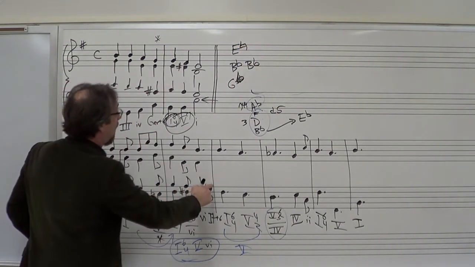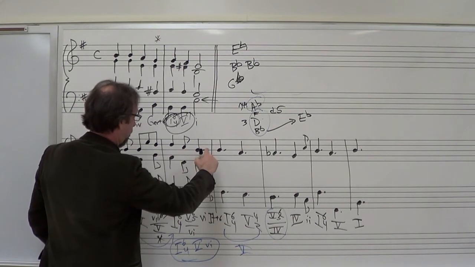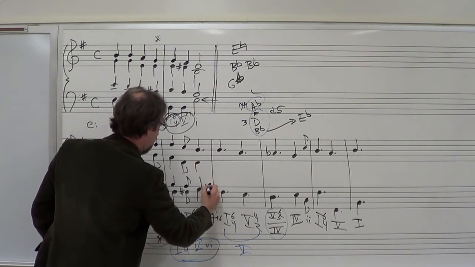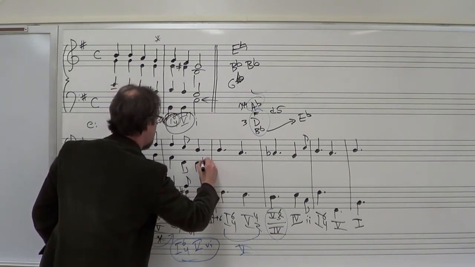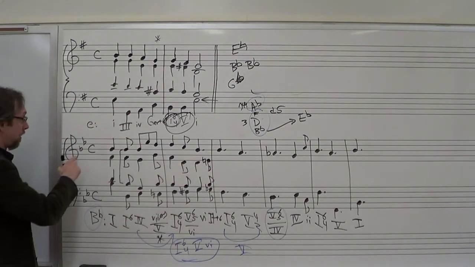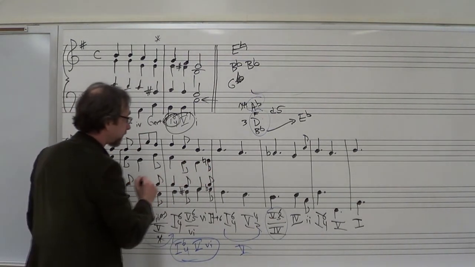So I have a G flat, I have 1 B flat. I'm going to move the tenor up to the other B flat, and I'm going to make this D natural become my E natural, and I have to write that in because it's not in the key signature. We have E flats in the key signature.